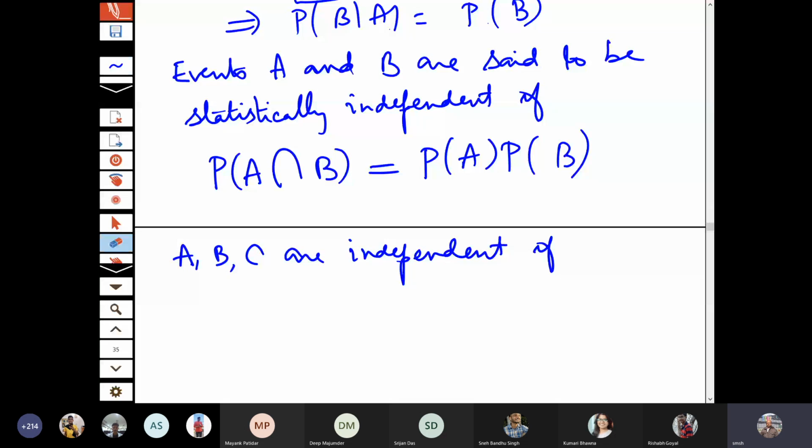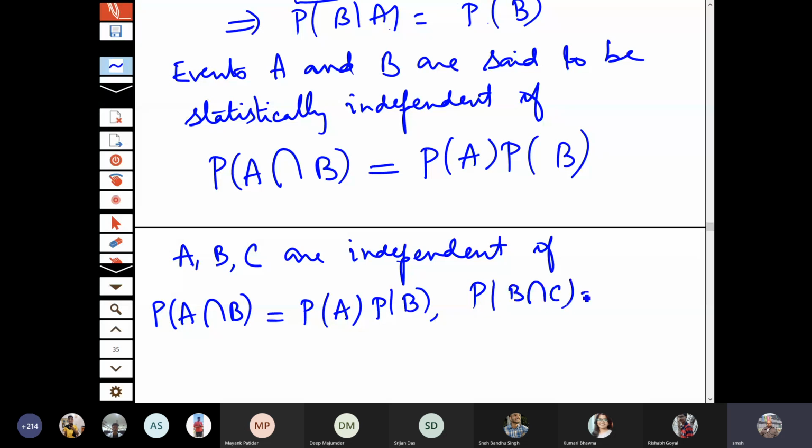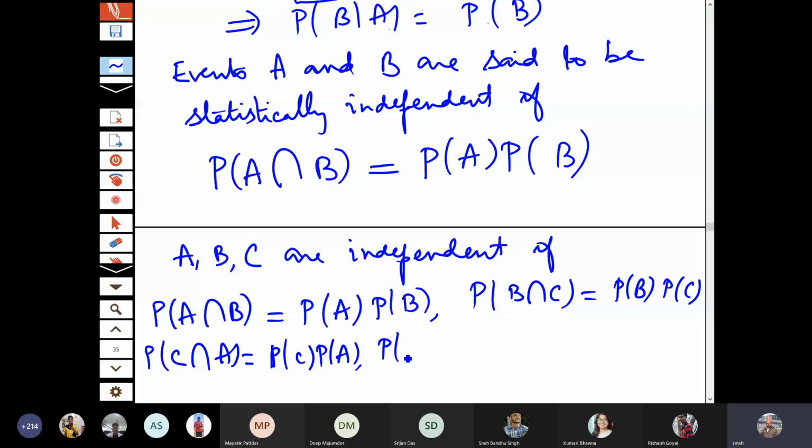So you will say probability of A intersection B is probability of A into probability of B. Probability of B intersection C is probability of B into probability of C. Then probability of C intersection A is equal to probability of C into probability of A. And then you have three of them taken together.